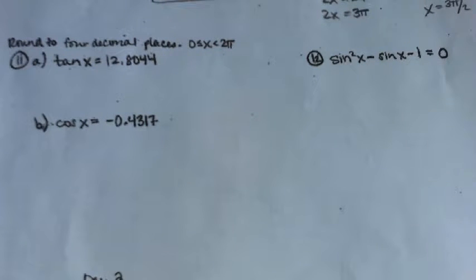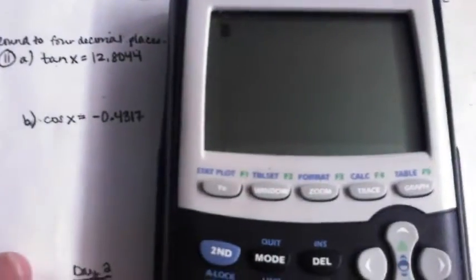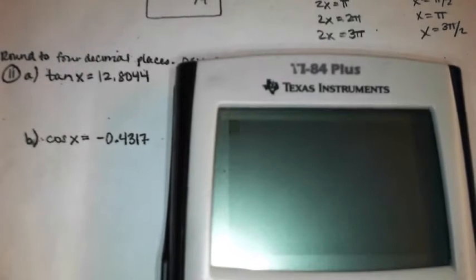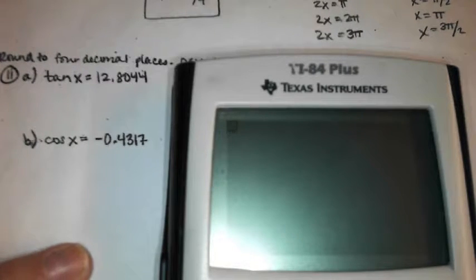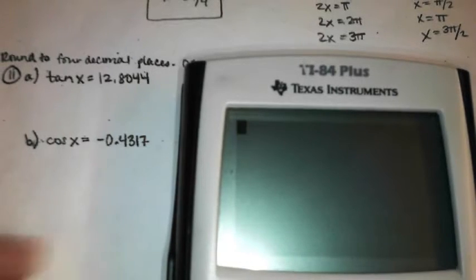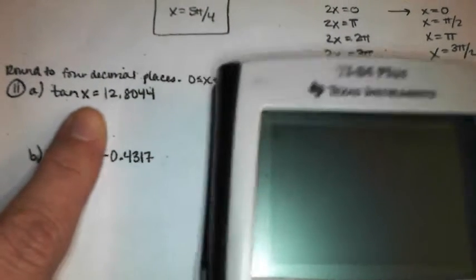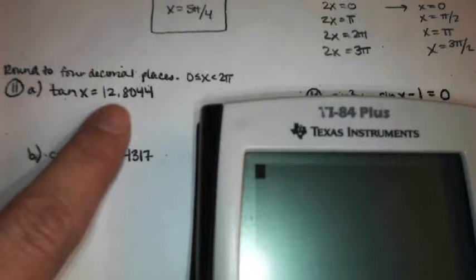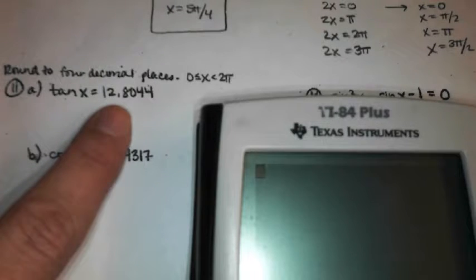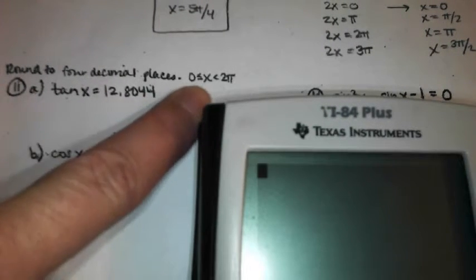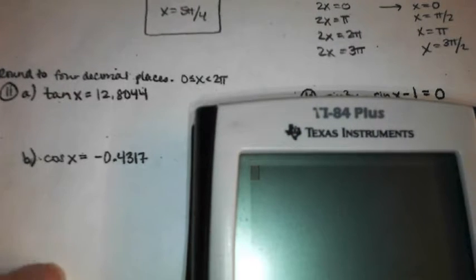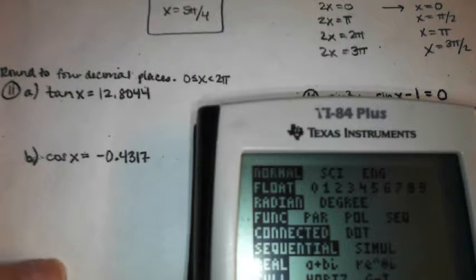It's going to be reality on your test because there's no calculator, but in the event that you do get your calculator thrown at you at any point in time, wink wink, if I'm solving for x, I just use inverse tangent. What mode should my calculator be in? Radians. The indication there is because they're telling us to let x be between 0 and 2 pi, so make sure your mode is in radians.